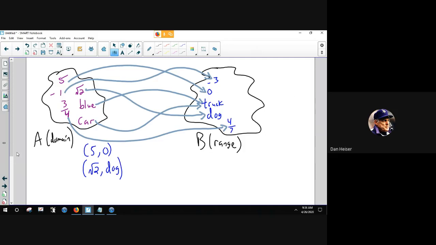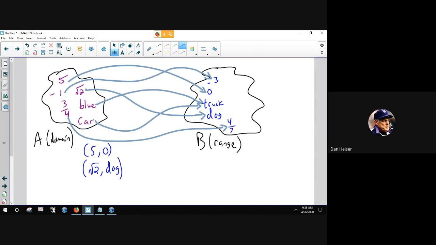In other words, every element here only has one arrow leaving it. B is allowed to have multiple arrows coming to it. An element of B gets to have more than one arrow. An element of A does not.